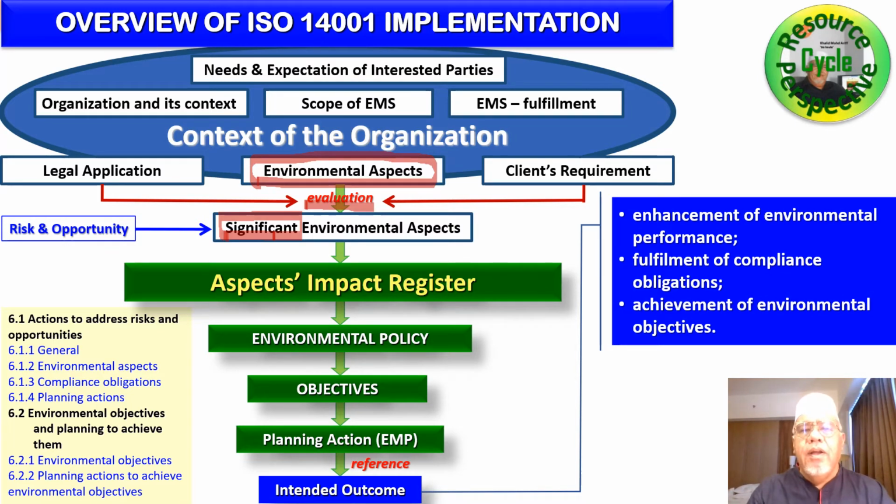And also, in an environmental management system, we have to address what is called risk and opportunity. And once that is done, we have it incorporated in our aspects impact register. Okay, therefore, what we have now at this point is the list of environmental aspects and their corresponding impact in the form of the aspects impact register.